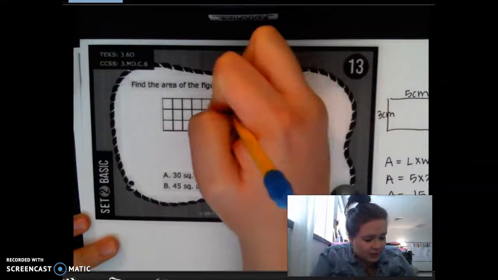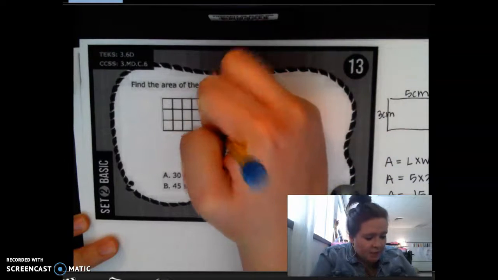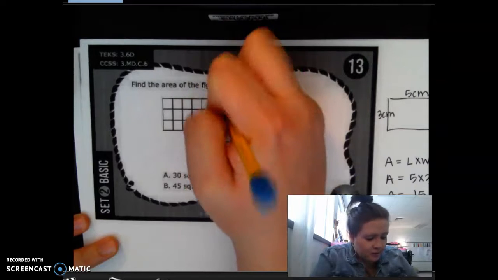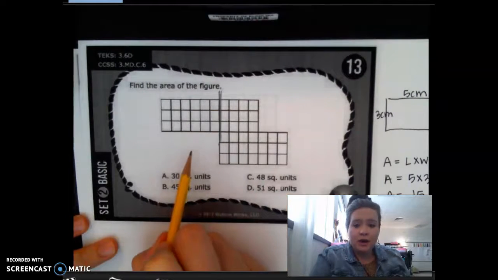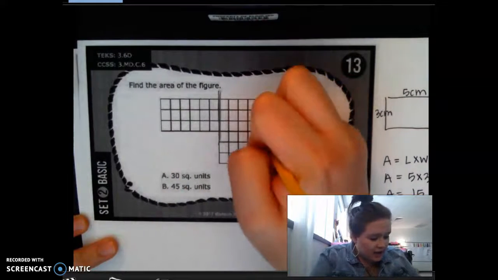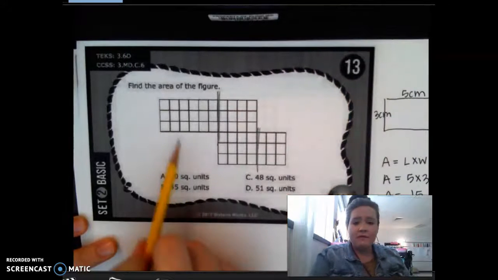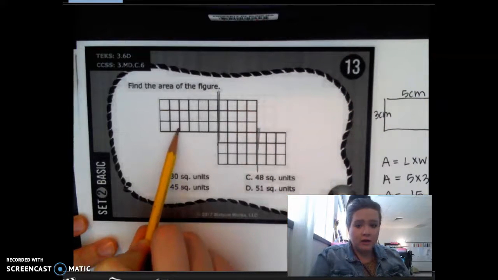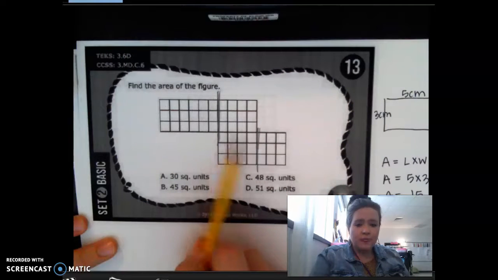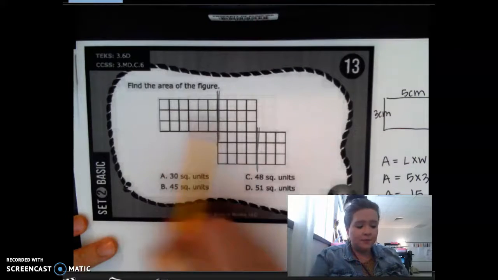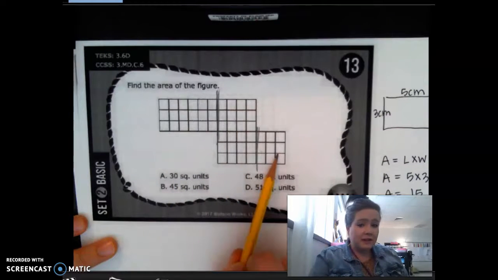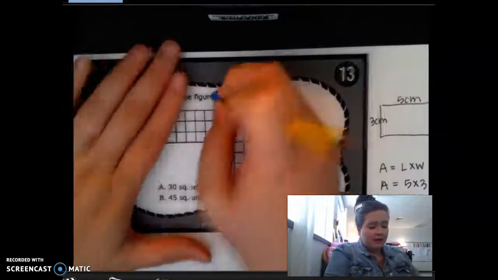So if I wanted to, I could break up my figure like this, all right? And then I could do one right here. So I would have 3 figures. 1, 2, and 3. So I would find the area of this figure, and this figure, and then I would add them all together to find the area of the whole thing.